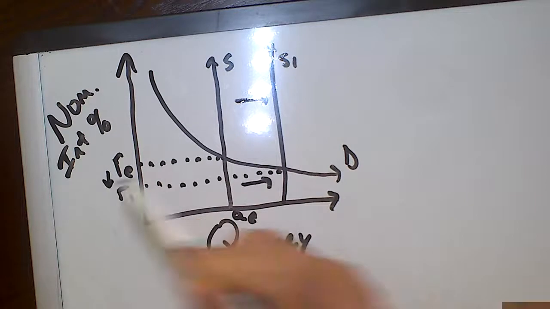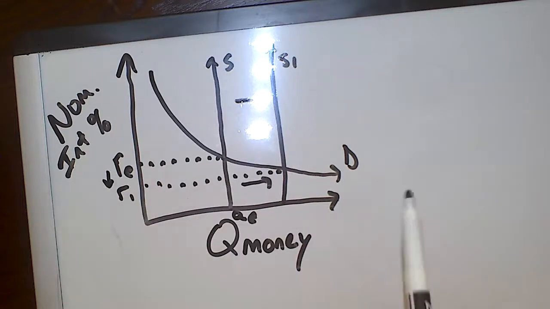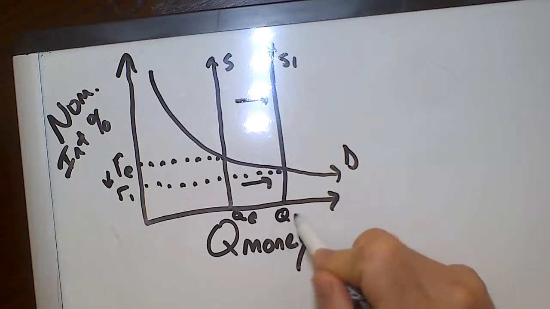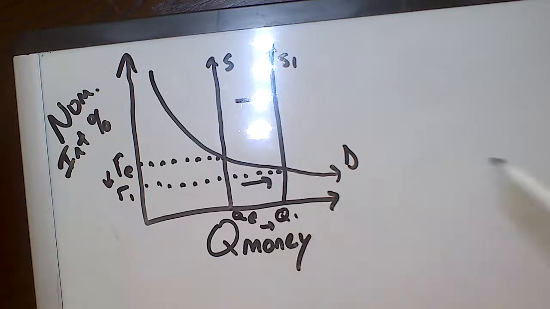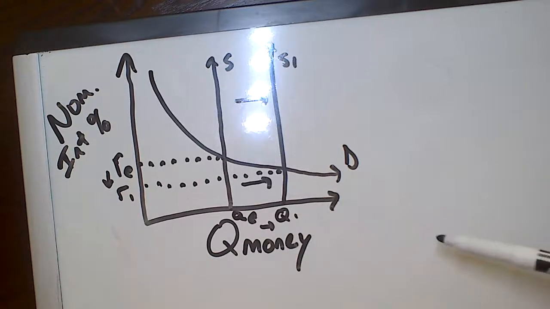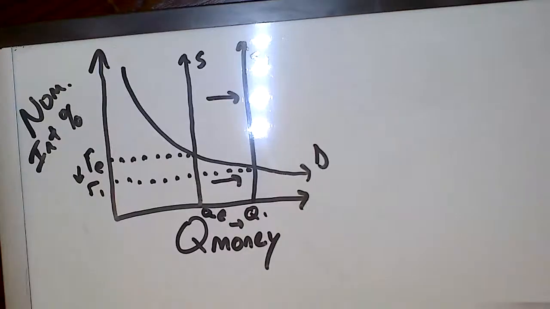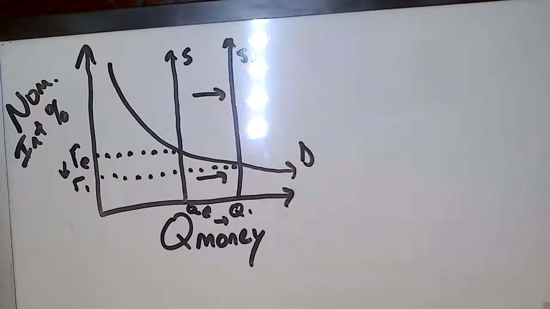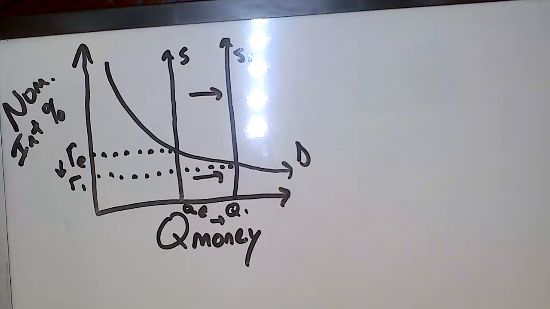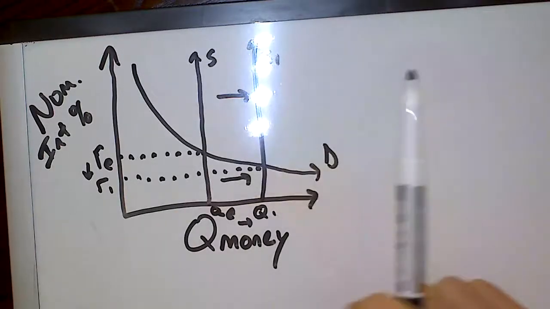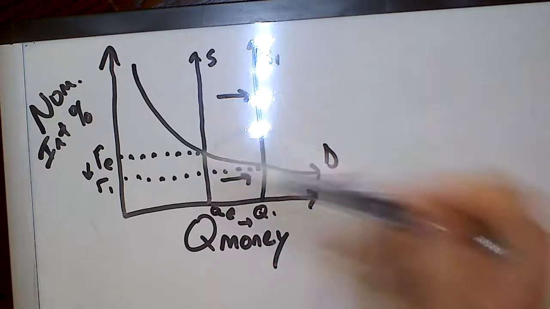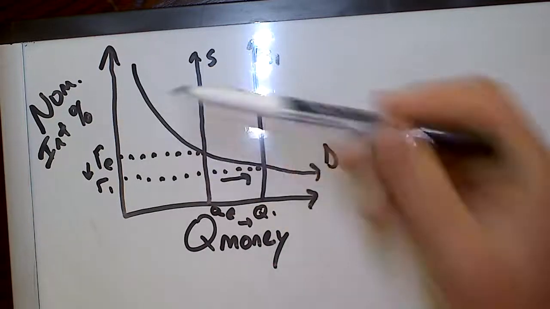And so we know that if the Federal Reserve increases the supply of money, we will end up with lower interest rates and a higher quantity of money in circulation. And all of that should match what you already know from banking T-charts in the last video. Of course, the opposite would be true if we want to do a supply shift to the left with contractionary monetary policy. That would give us higher interest rates and a lower quantity of money in circulation.